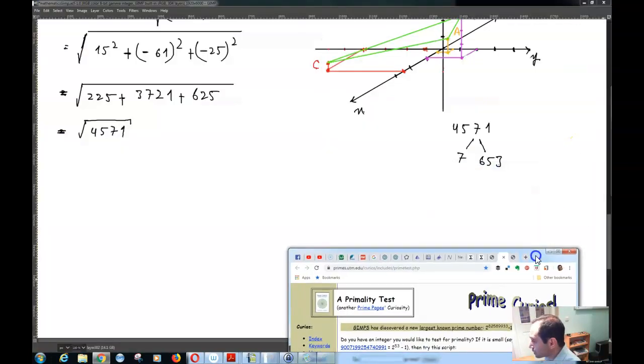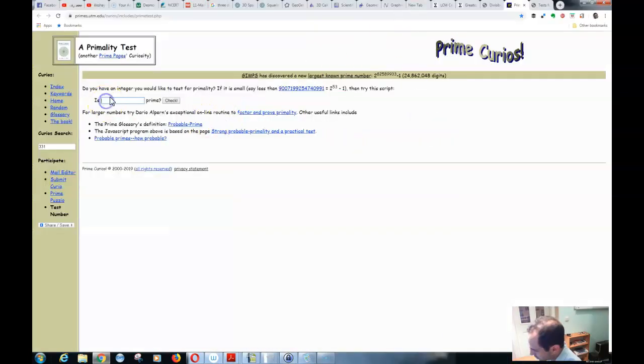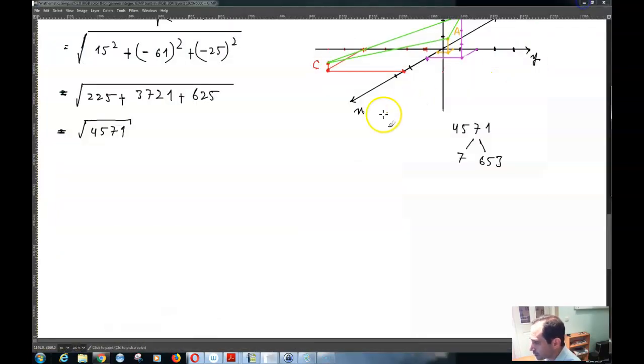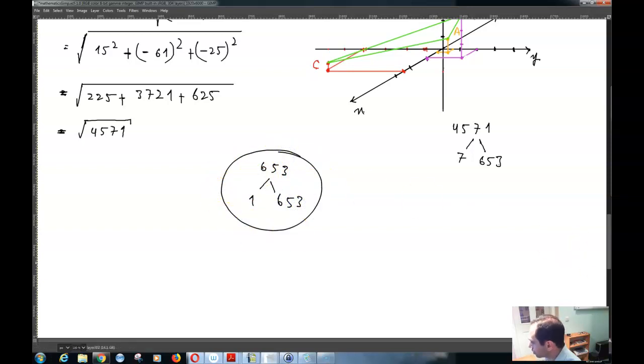Now the number was 653. If I check it, it says that 653 is a proven prime. That means that I cannot simplify this. The only way that I can rewrite it is 1 times 653, and that's the end of the story.